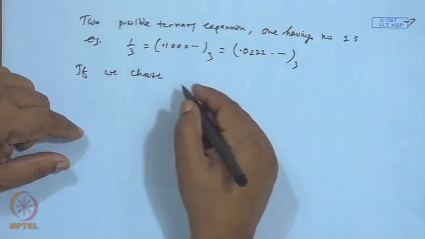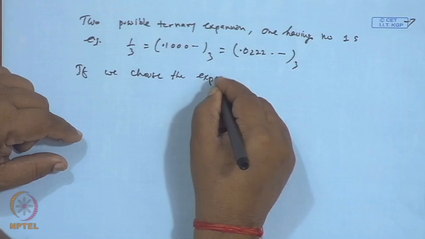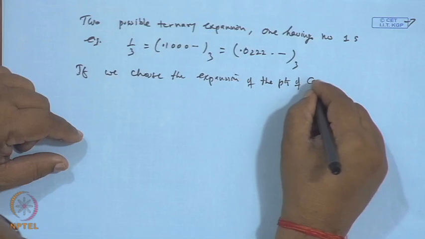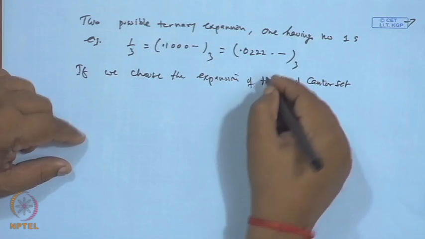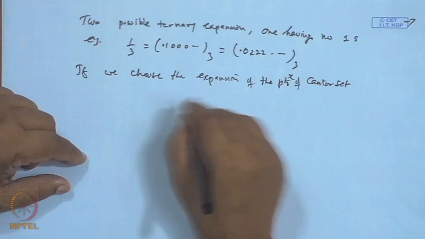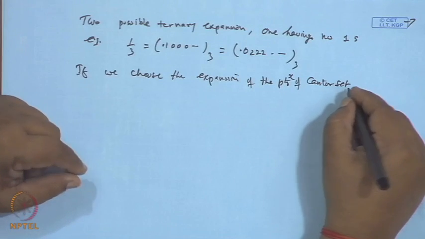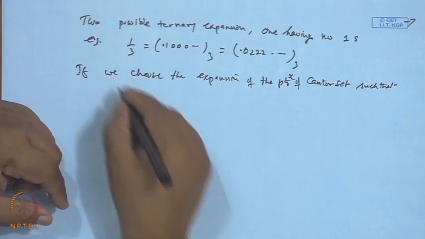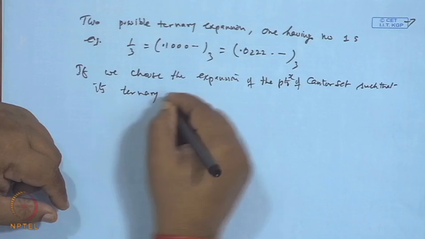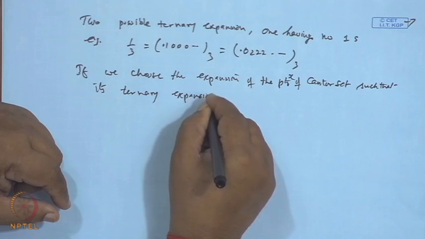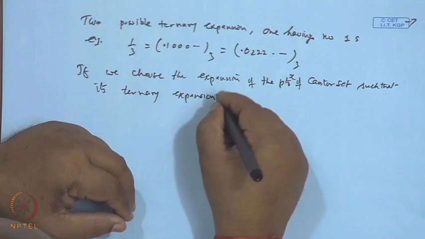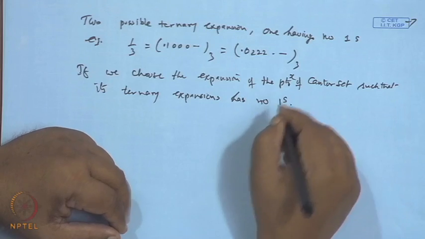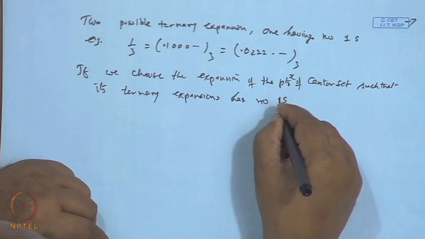So, now we choose the expansion of the points x of the Cantor set in such a way that its ternary expansion has no ones.